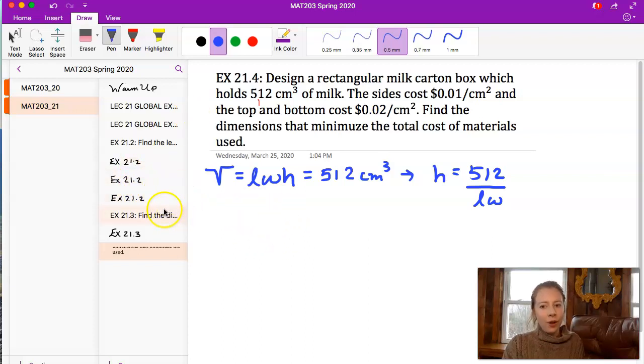And so now we have to figure out a function for the cost. So the cost is going to be dependent on the surface area times the price per area of material.